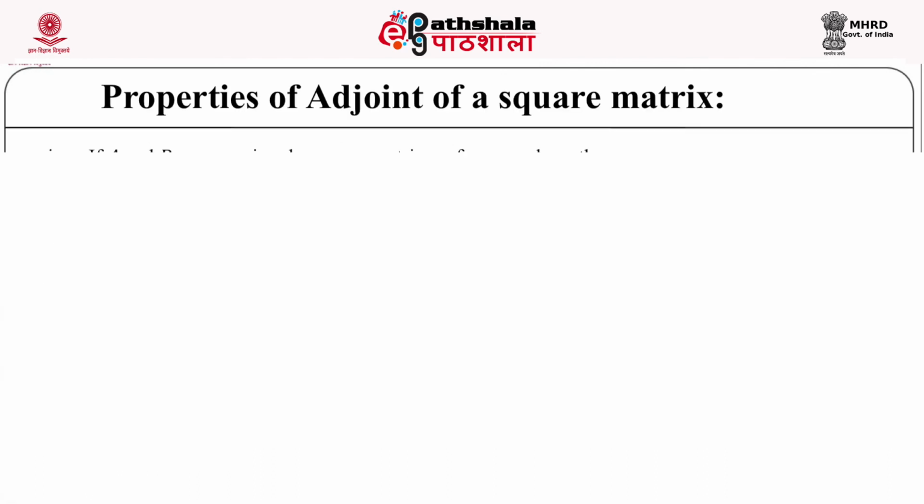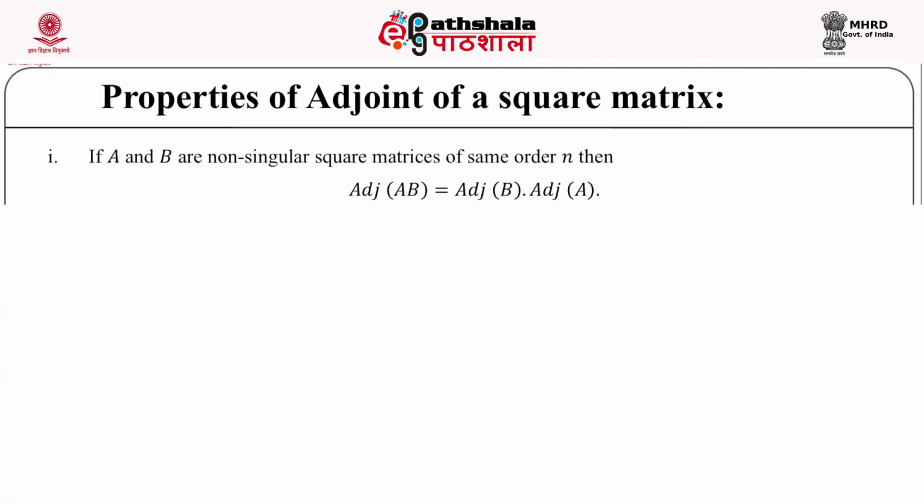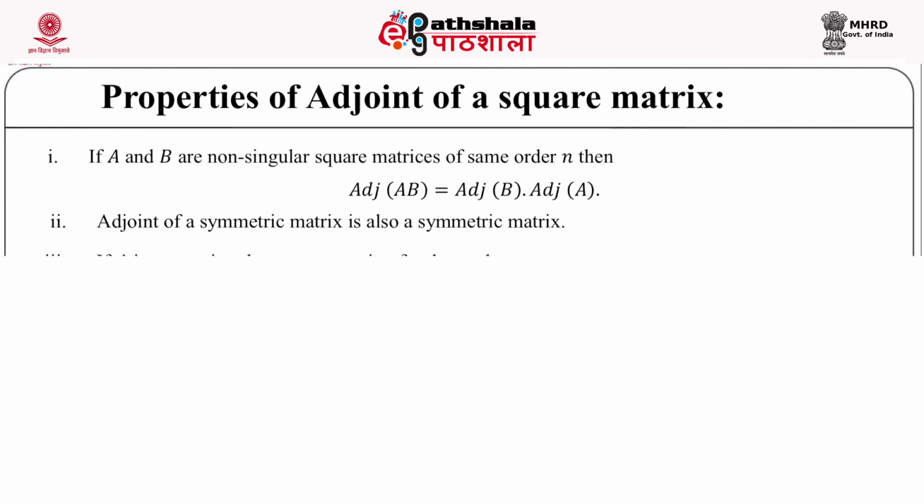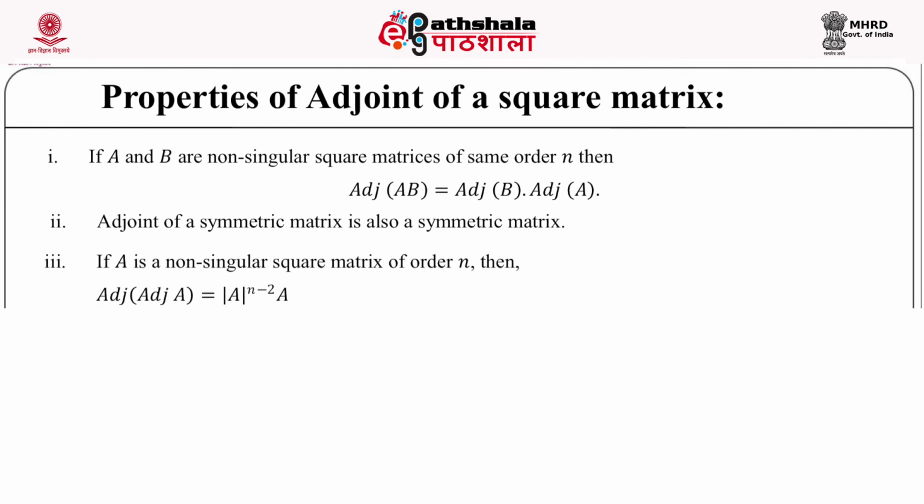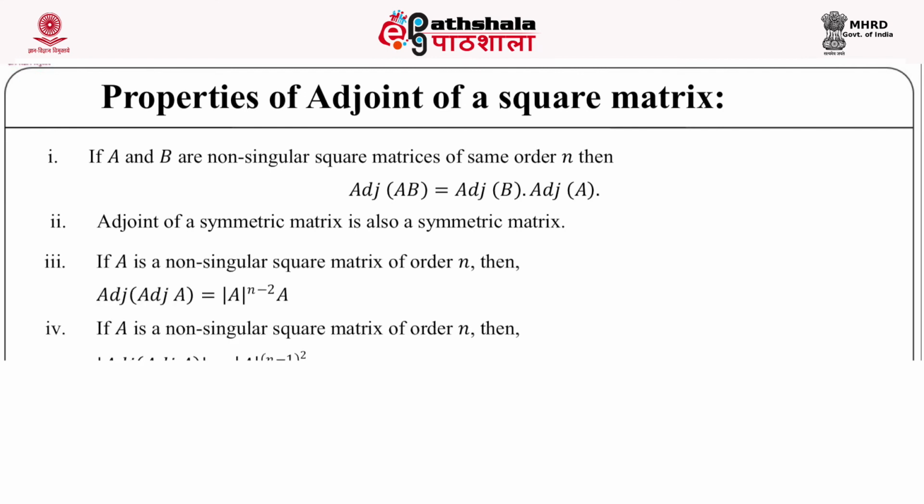Now some more properties of adjoint of a square matrix. If A and B are non-singular square matrices of the same order n, then adjoint of AB is equal to adjoint of B into adjoint of A. Adjoint of a symmetric matrix is also a symmetric matrix.